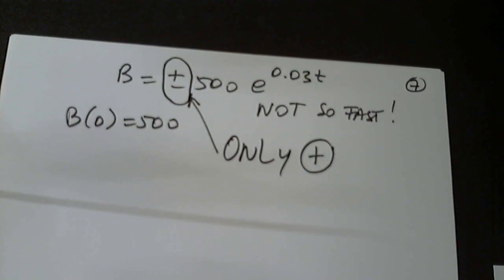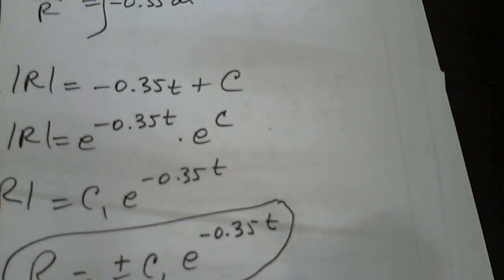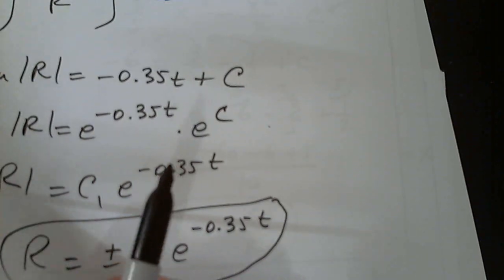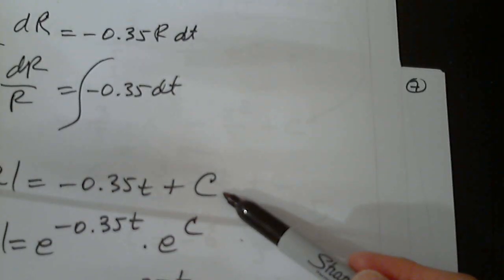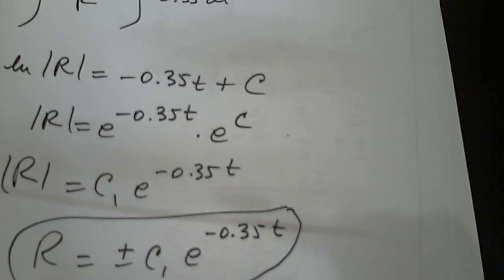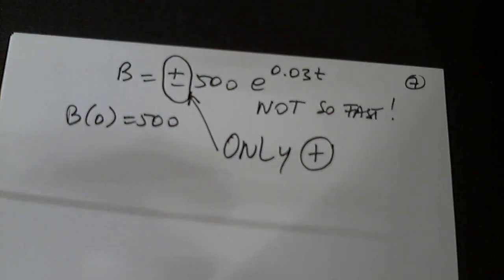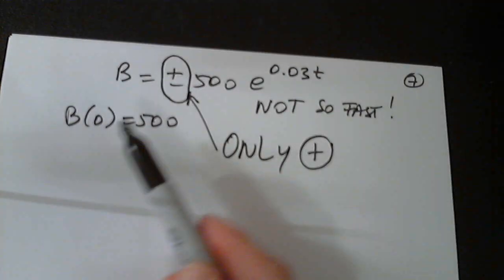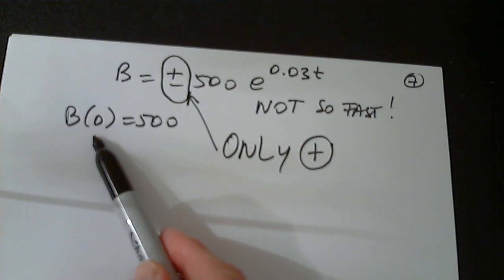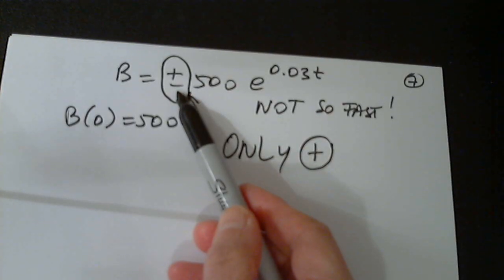So in the past, we had plus or minus because there was nothing specified, no indication whether I have to use plus or minus. But now I am given an initial condition. And if I choose plus or minus, this will contradict the situation.